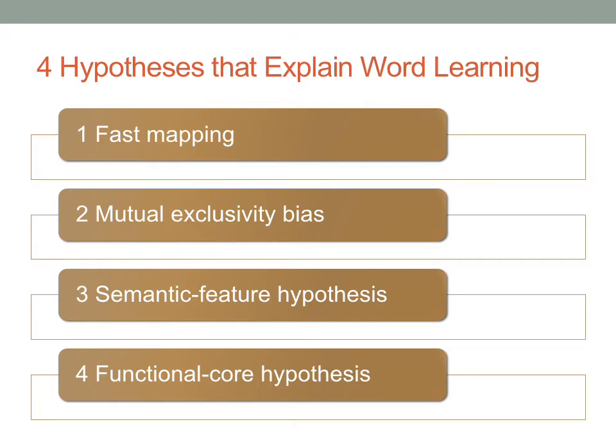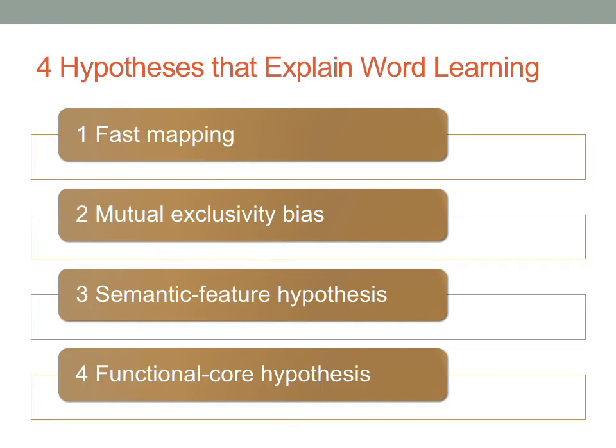So they might be focusing in on what actions they're doing with this object and really learning about the functions and adding that to their core meaning of a word. They may be taking notes on semantic features, size, shape, things like that, that help them develop and refine their understanding of words.